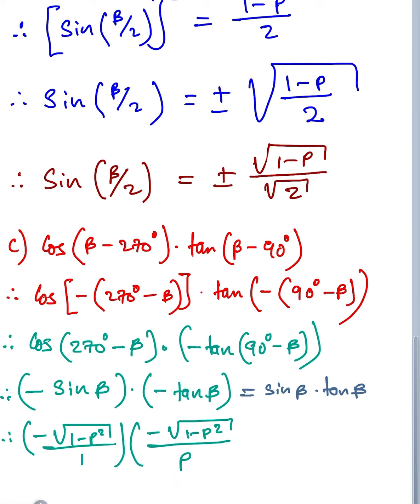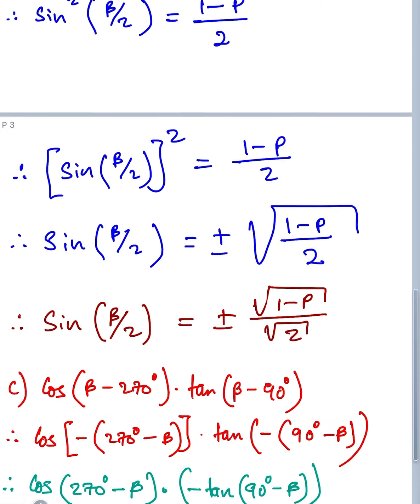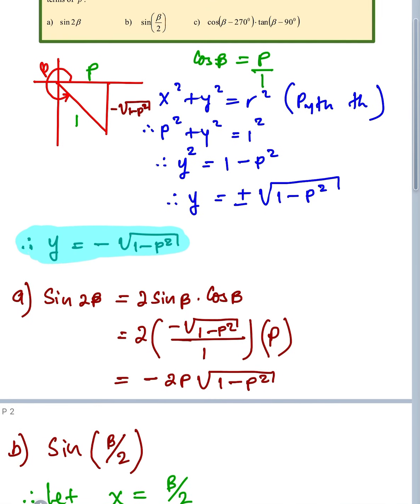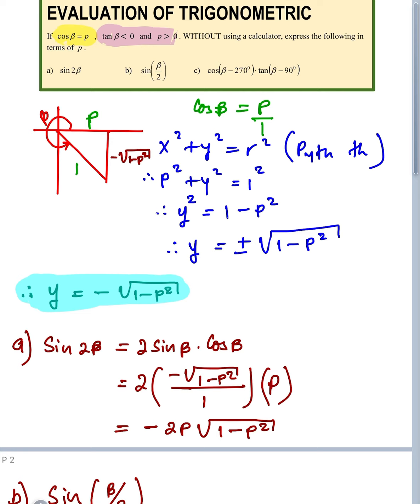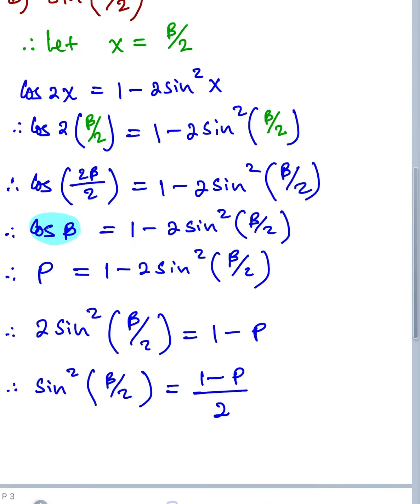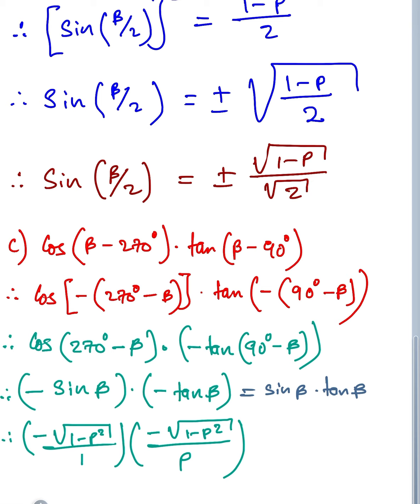In that case, let me check that and verify with you. Sine is the opposite over hypotenuse, perfect, which is minus that over 1, and then the tangent is the opposite over the adjacent, which is minus the square root of 1 minus p squared over p, the adjacent. So I'm going to have that again here. The negatives just cancel out.